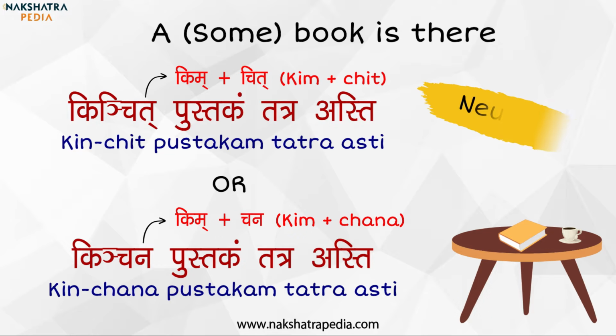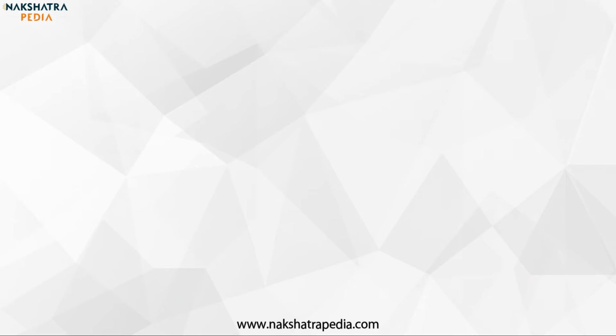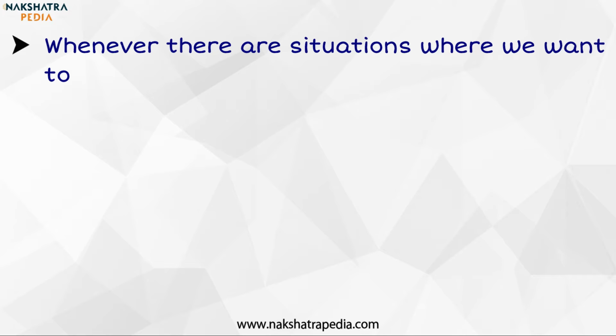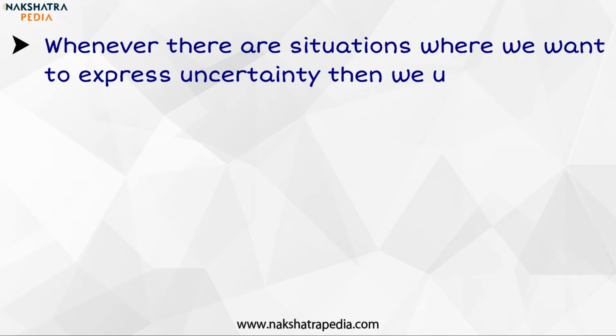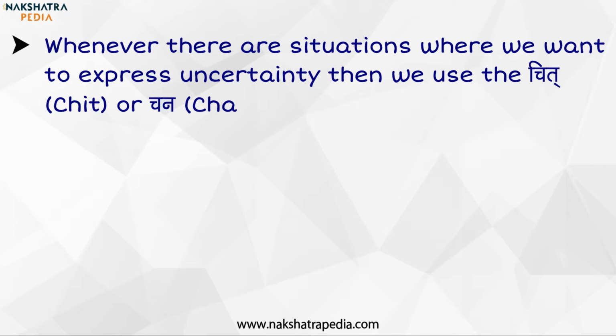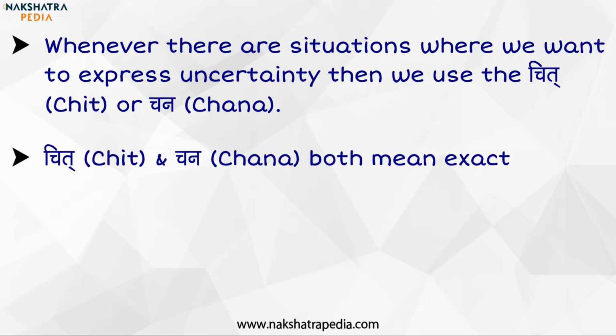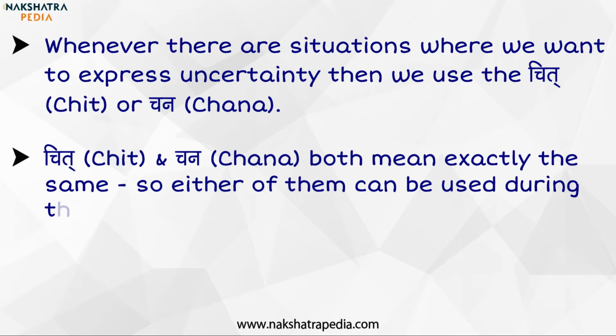And of course, here we used Kim for the neuter gender. So whenever there are situations where we want to express uncertainty, then we use Chit or Chana. Chit and Chana both mean exactly the same, so either of them can be used during the conversation.